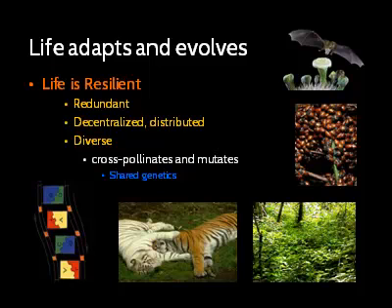Now there are 3 strategies life uses to be resilient. One is redundancy, another is to be decentralized and distributed, and the third is diversity. By redundant, again, this is a term people get confused with, but redundant means achieving the same function in more than one different way. For example, Boeing has learned about biomimicry, but I think they did this before.